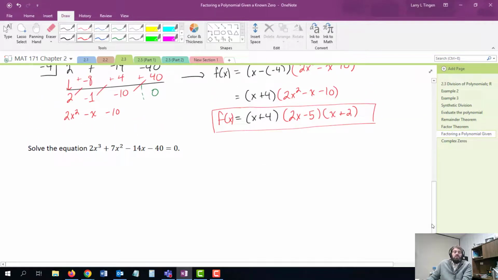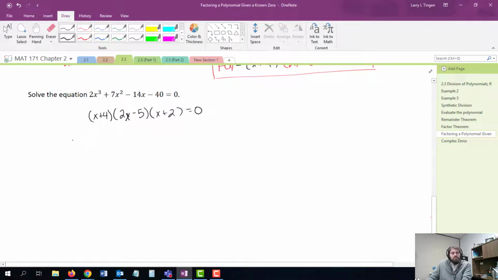And then the next part, solve the equation that we just did. Well, I know that breaks into x plus 4 times 2x minus 5 times x plus 2 equal to 0. If stuff's multiplied together to equal 0, then one of them is 0. 2x minus 5 is 0.